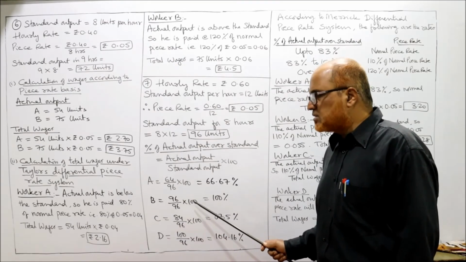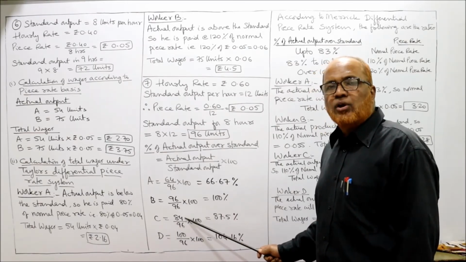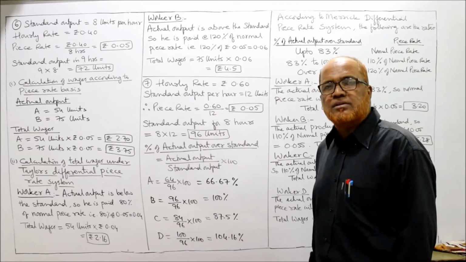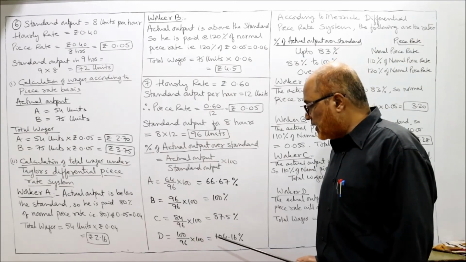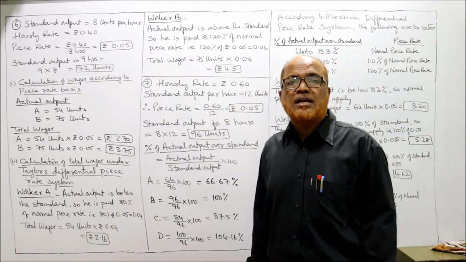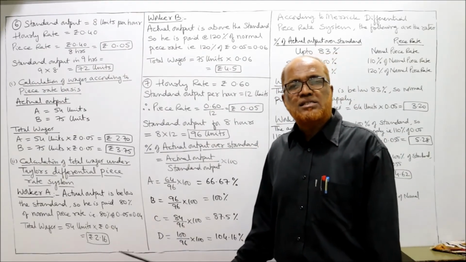So 96 by 96 into 100, 100%. Then C, 84 units he has produced. So 84 by 96 into 100, 87.5%. D, 100 units he has produced. 100 by 96 into 100, 104.16%. These are the percentages of actual output over standard by A, B, C, D.